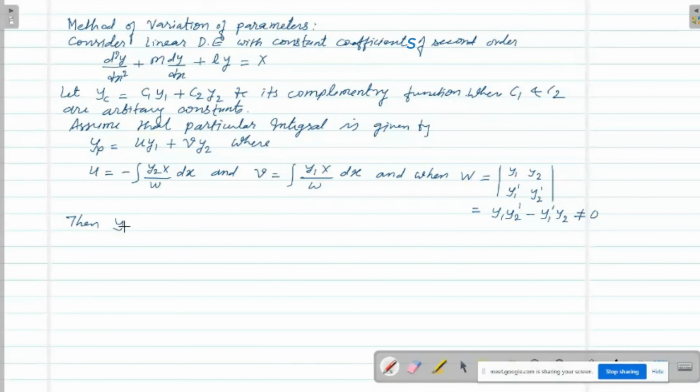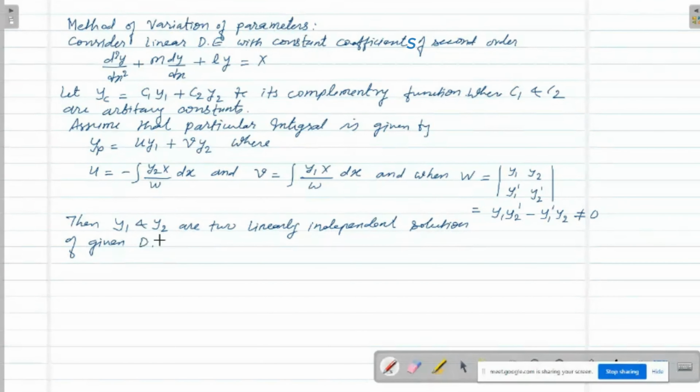Then y1 and y2 are two linearly independent solutions of the given differential equation star.